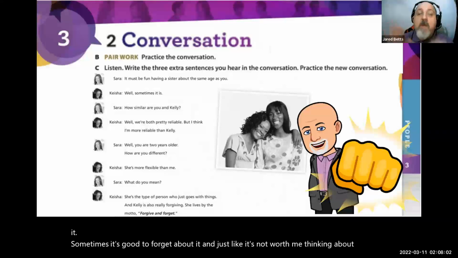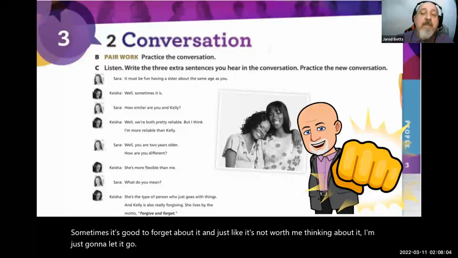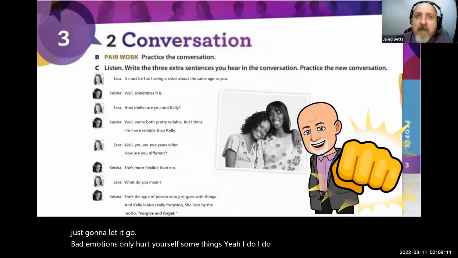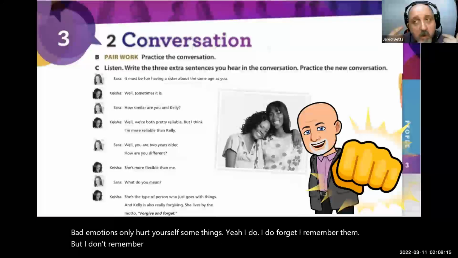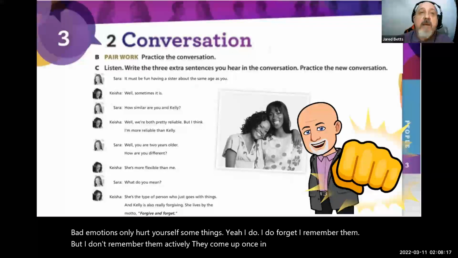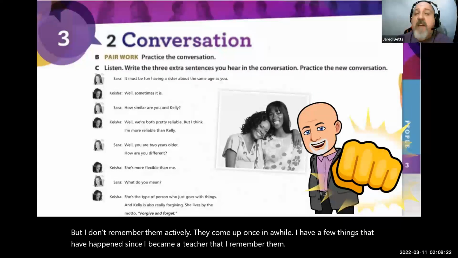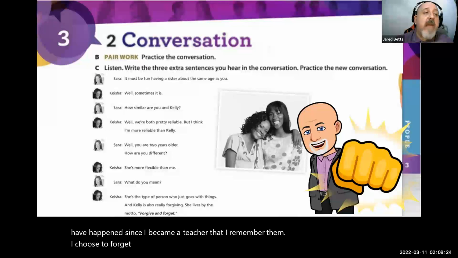I'm just going to let it go. Bad emotions only hurt yourself. Some things, yeah, I do forget. I remember them, but I don't remember them actively. They come up once in a while. I have a few things that have happened since I became a teacher that I remember. I choose to forget them until they come up again, but they're still there.